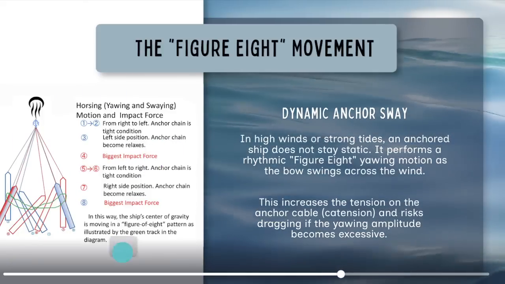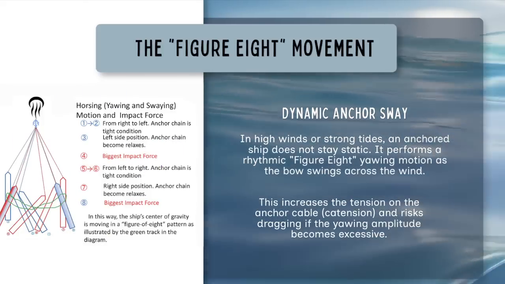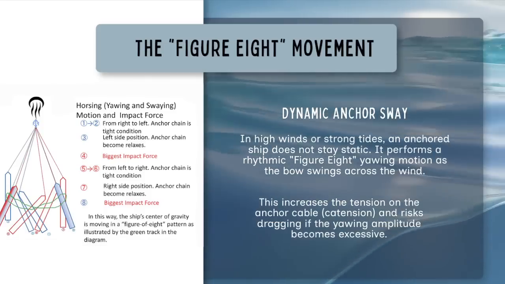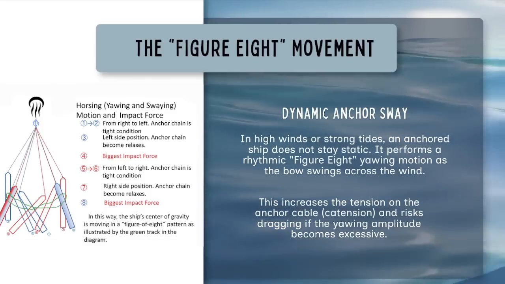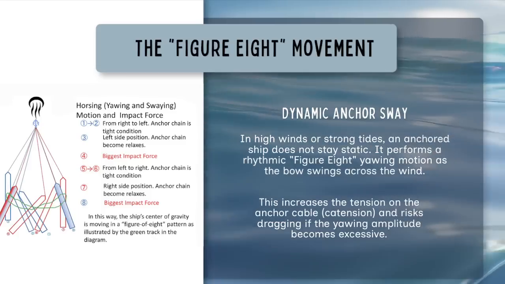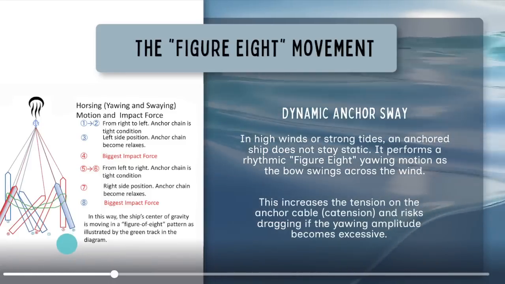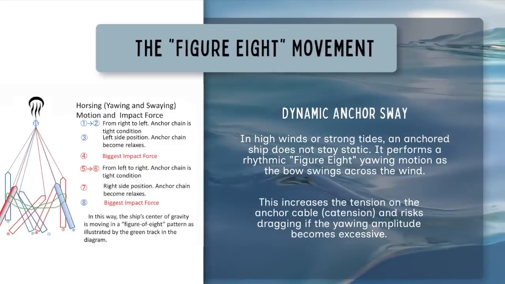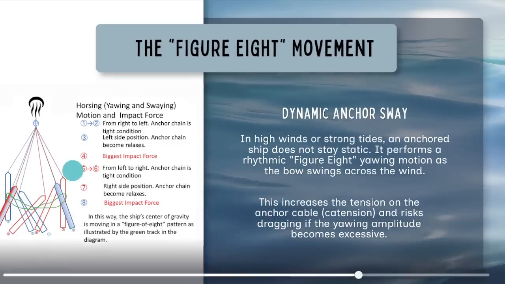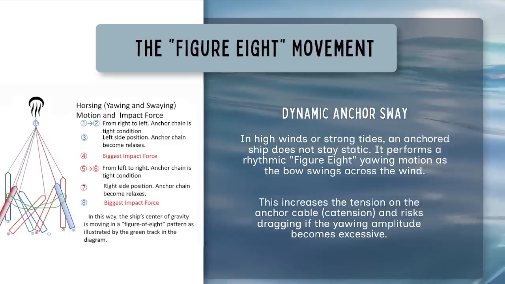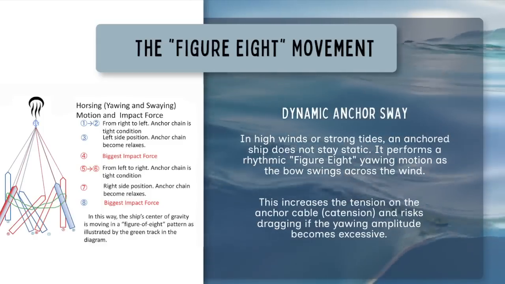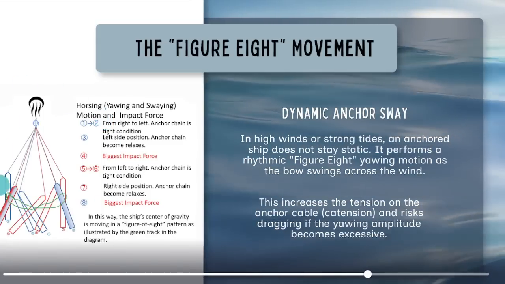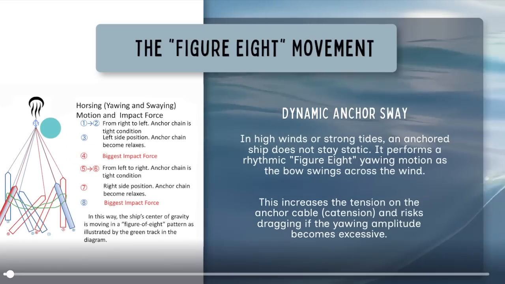From right to left, the anchor chain is in tight condition, and then in the left side position, the anchor chain becomes relaxed. This way, the ship's center of gravity is moving in a figure of 8, the pattern illustrated by the green track in the diagram.